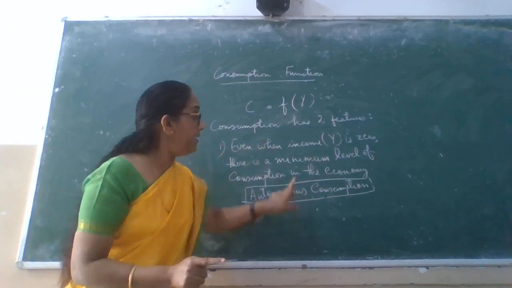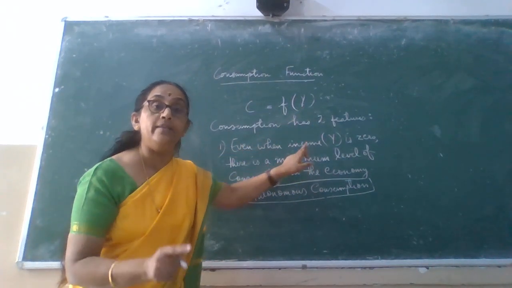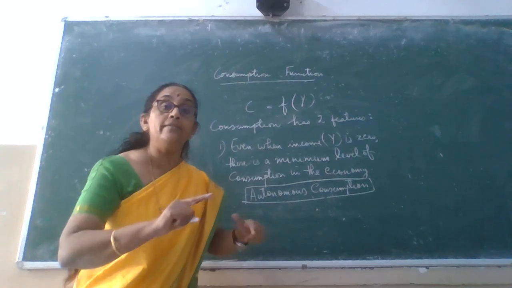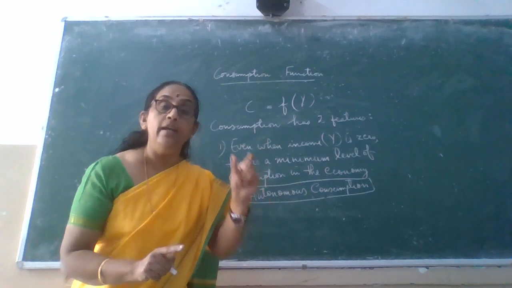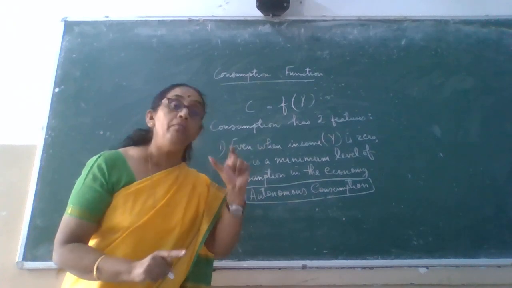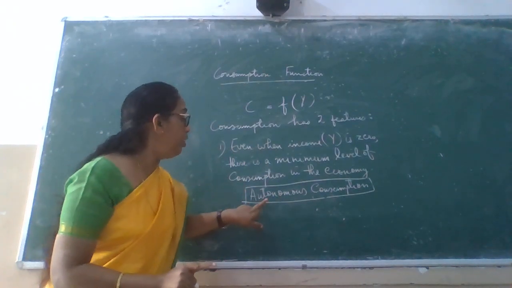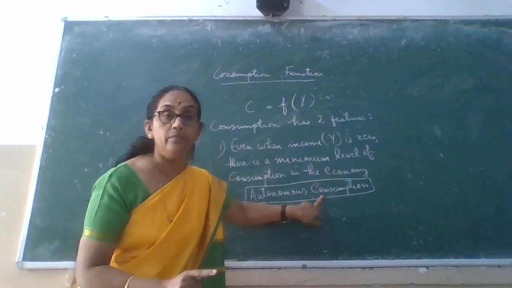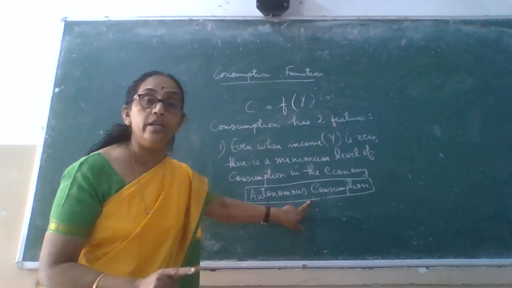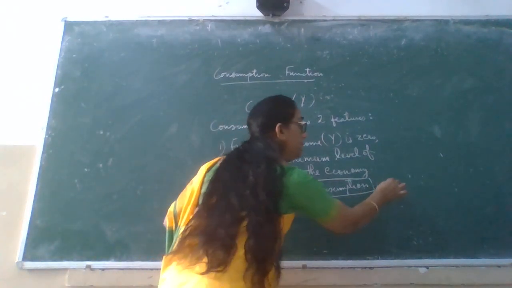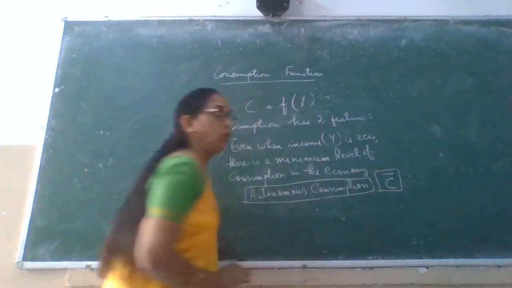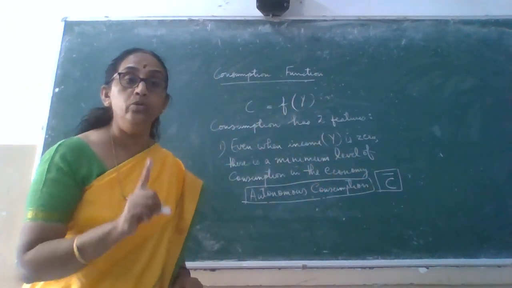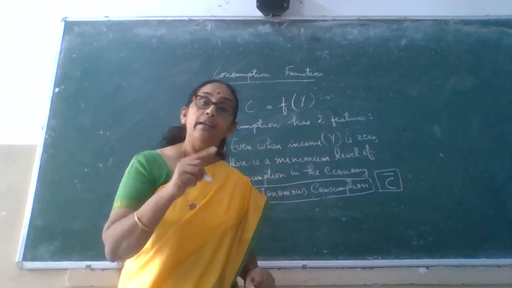But here at zero level of income, income has no effect, but still there is a minimum level of consumption. That is the reason that minimum level of consumption is denoted as autonomous consumption. This autonomous consumption is denoted by the symbol C bar. This is the short form abbreviation used for autonomous consumption.